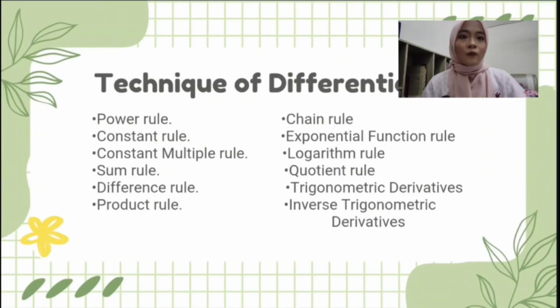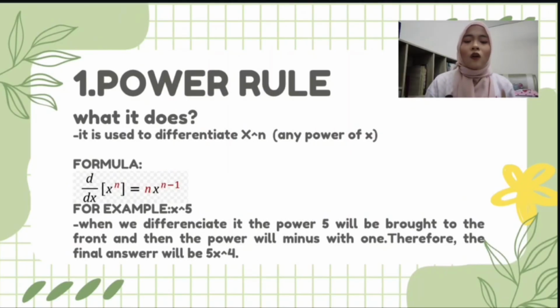Next, I will explain shortly how the techniques are used and give some easy examples for you to understand more deeply. First is the power rule. It is used to differentiate x power n, any power of x.